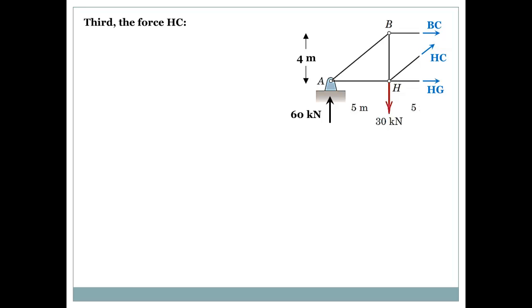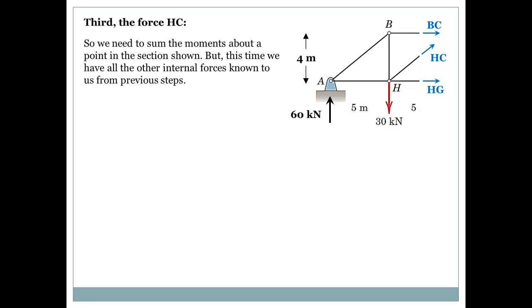So we're going to assume that BC and HG are correct, and we're going to use both of the other equilibrium equations, which are the summation of the forces in the X and the summation of the forces in the Y direction. We need to sum the moments about a point in the section shown, but this time we have all the other internal forces known to us from previous steps.